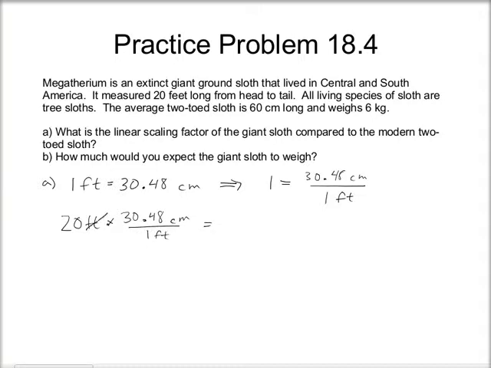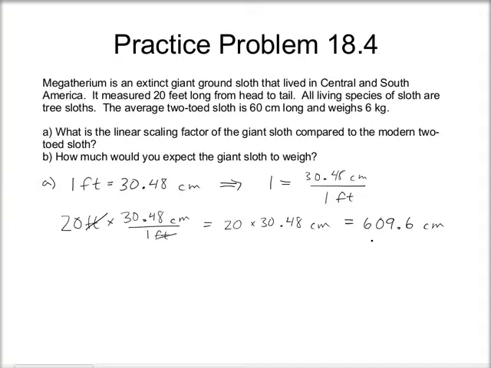The feet are going to cancel here. So this is 20 times 30.48 centimeters. And if I put that into my calculator, that's going to give me 609.6 centimeters. So that is the length in centimeters of the giant sloth.